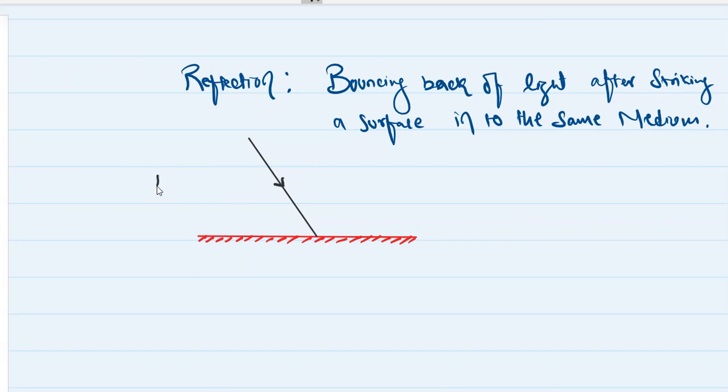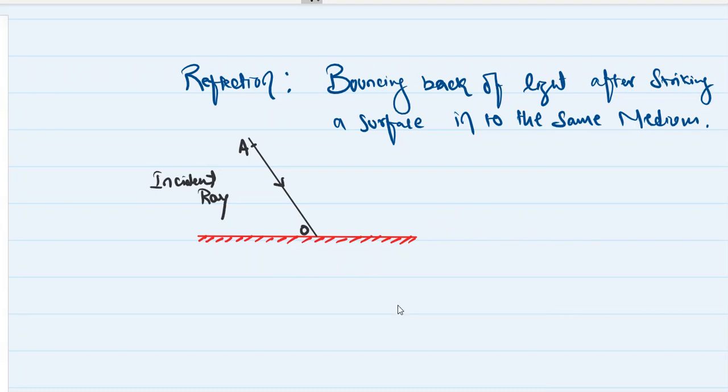This ray is known as the incident ray. Let's name it ray AO. Ray AO is the incident ray. It strikes this surface. This surface has to be opaque or non-transparent, so the ray of light cannot go inside.